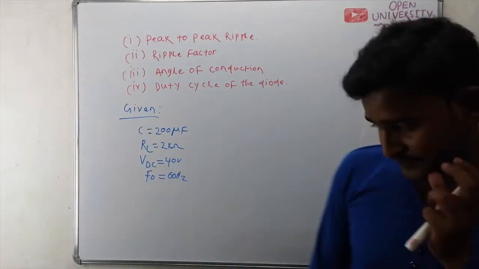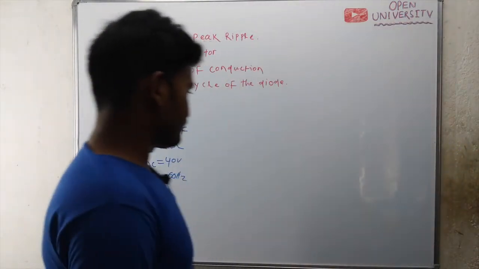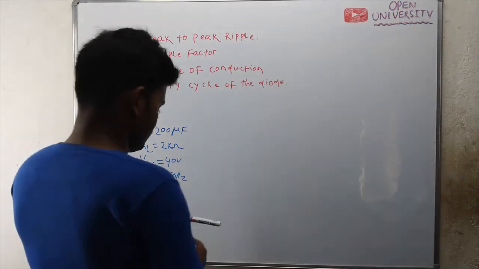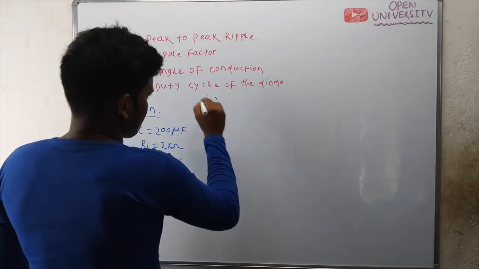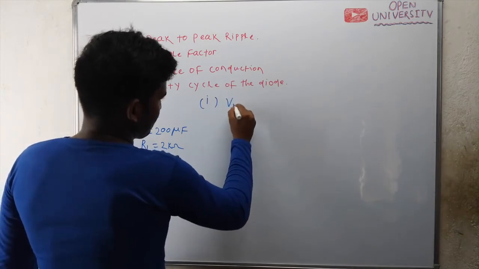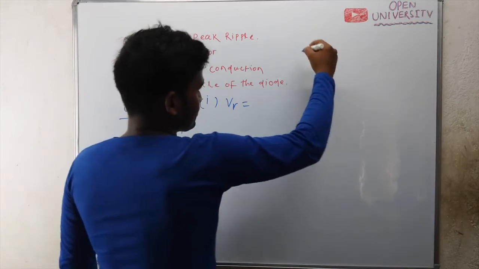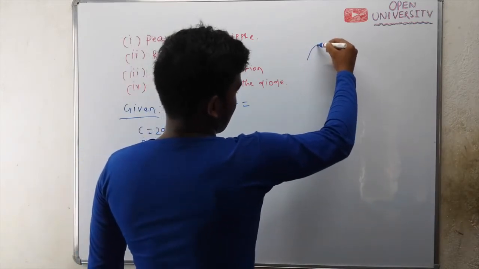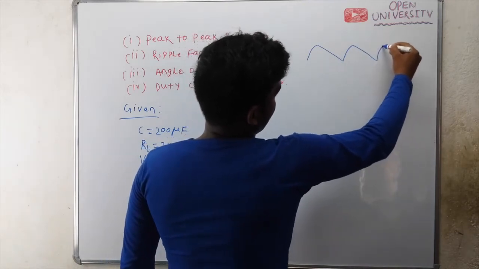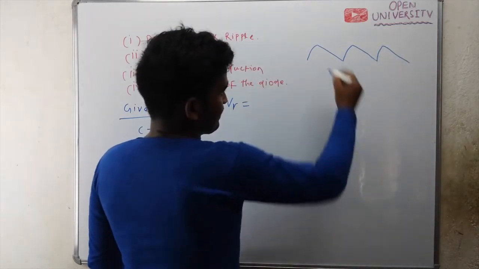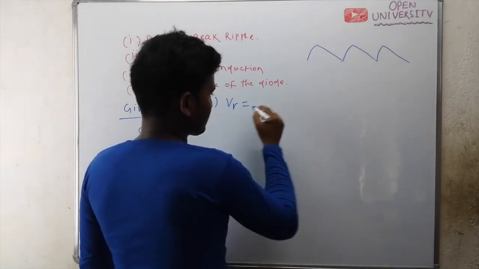First point. How to get peak to peak ripple voltage? Peak to peak ripple is nothing but this, in your output waveform, peak to peak ripple voltage. What is this? VR.